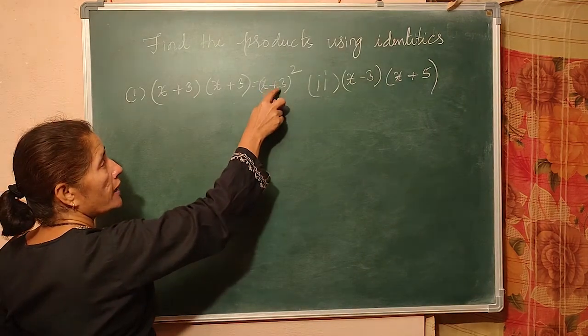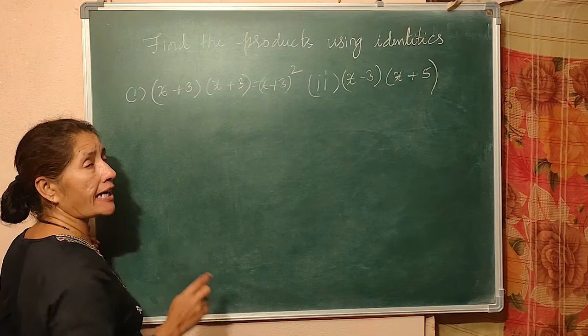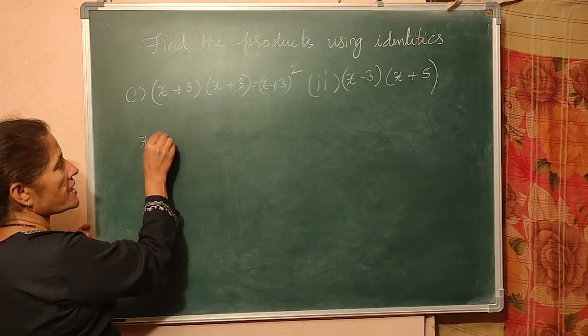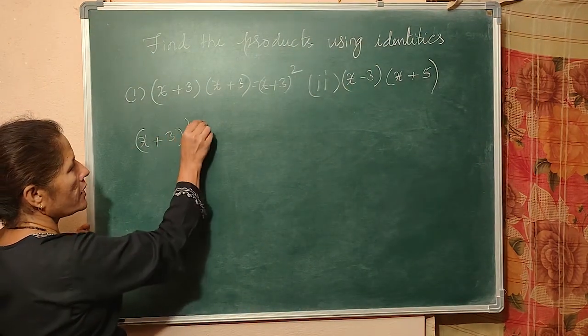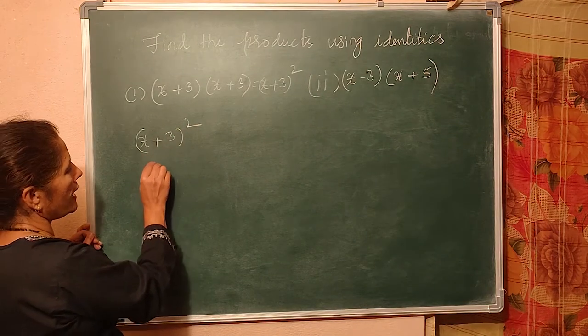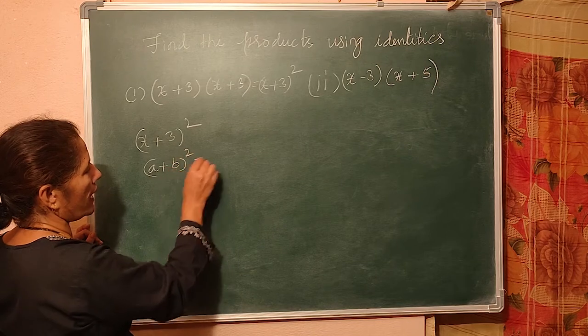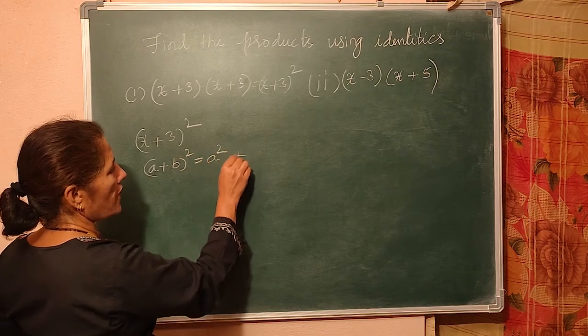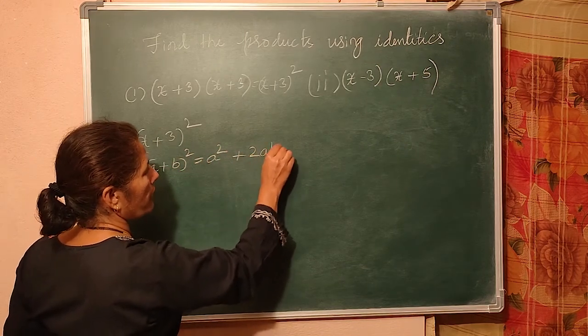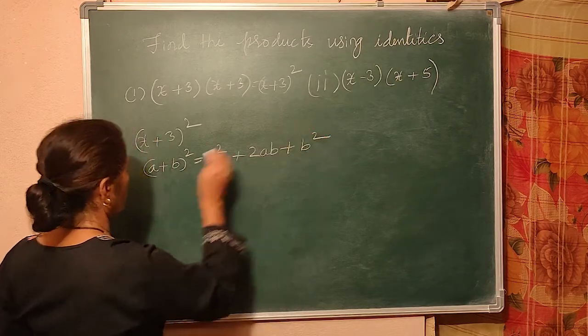So I have to expand this using identities. (x plus 3) the whole square. So I can use (a plus b) the whole square. What is (a plus b) the whole square? a square plus 2 into a into b plus b square.